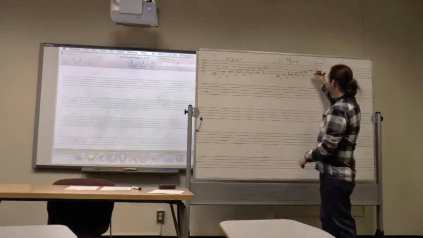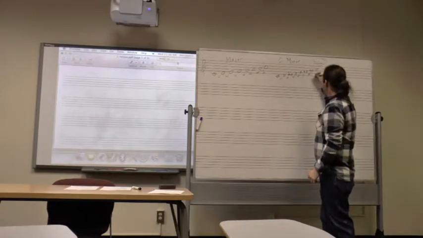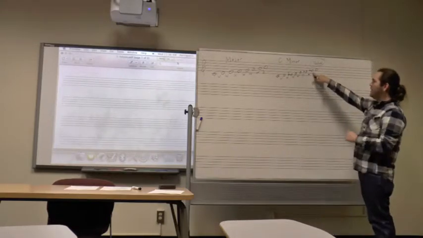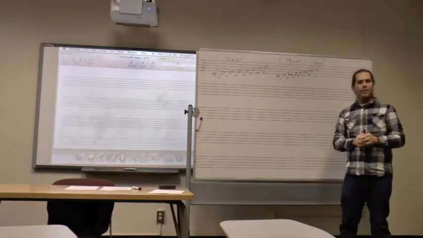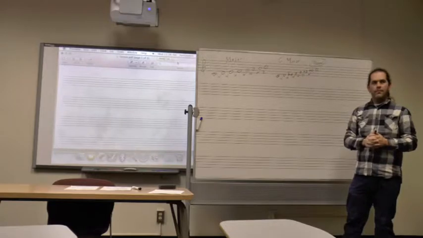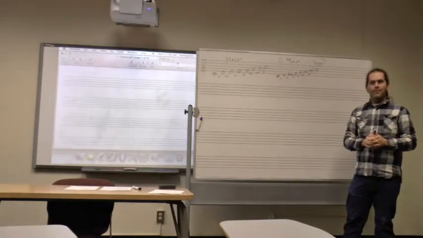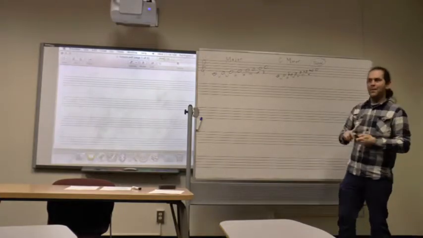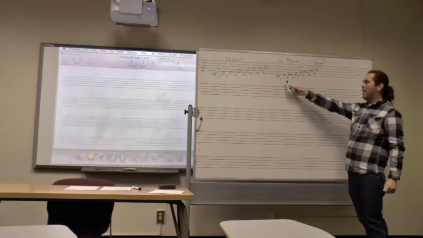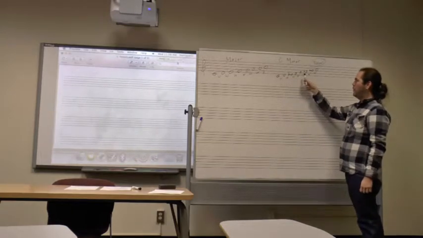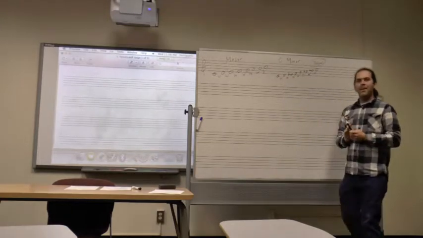Very good. And last but not least, B flat to C. Whole step or a half step? Whole step, very good. For a minor scale, whole, half, whole, half, whole. Any questions on that?